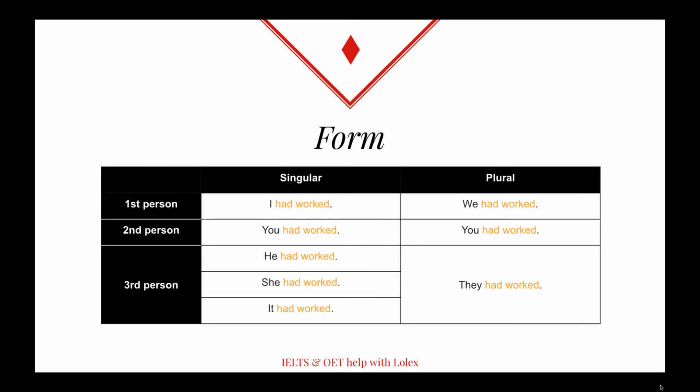First person plural, we have we had worked. Second person singular is you had worked. And second person plural is you had worked. Third person singular is he had worked, she had worked, it had worked. Third person plural is they had worked.